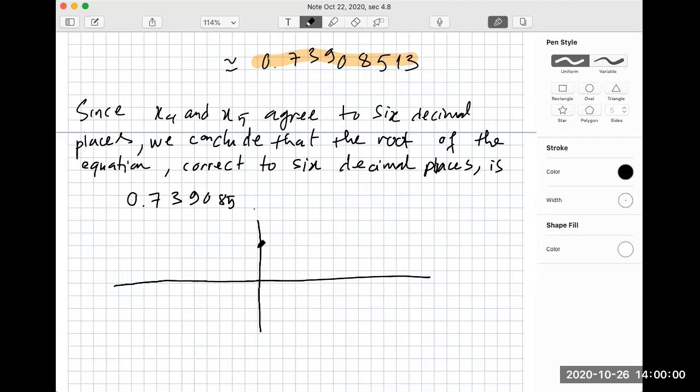So let us try to draw a graph of the function. If this is y, this is x, right? Then here is 0. This is pi over 2. This is pi, 3 pi over 2.